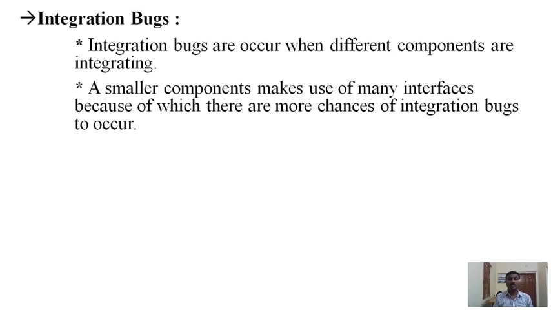The smaller components make use of many interfaces, because of which there is more chance of integration bugs occurring. If there are a number of interfaces, there is a chance of getting integration bugs.